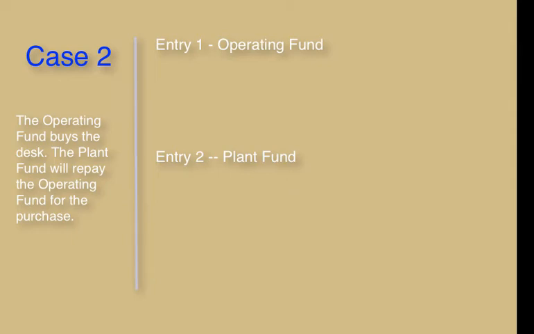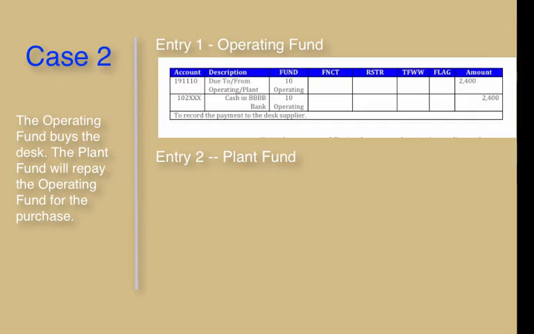So let's look at this in the Sun Plus context. And remember that in the Sun Plus context, there are few organizations who actually have a plant fund cash account. So in this context, the entry is going to be on the operating fund side, we're going to debit account 191110, which is due to from operating plant. And the analysis that we need for this side of the entry is Fund 10.